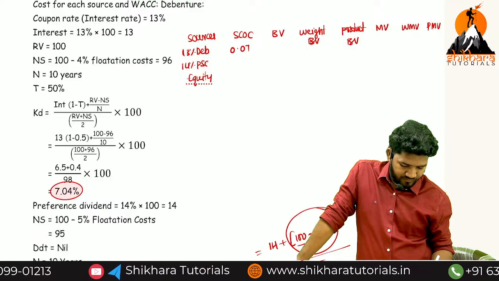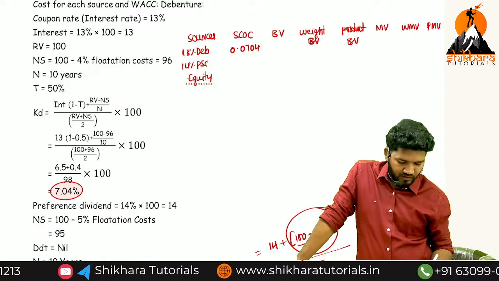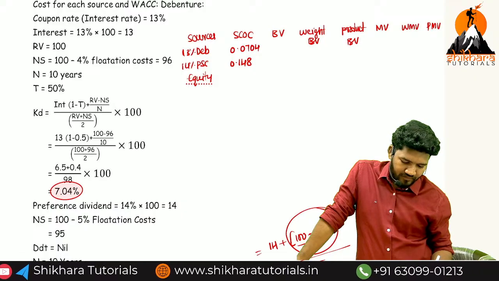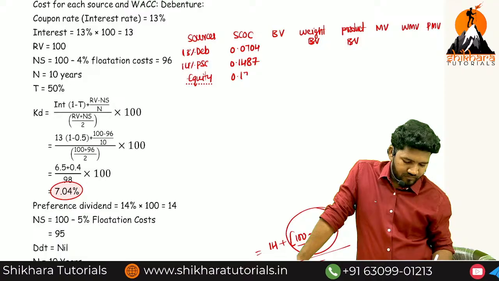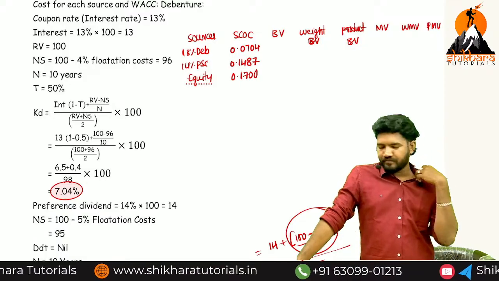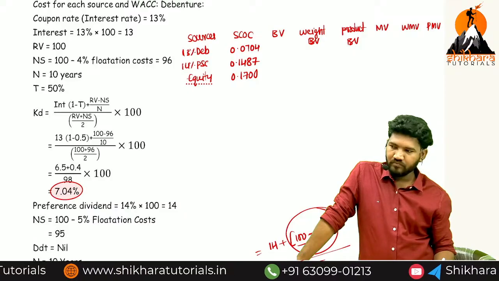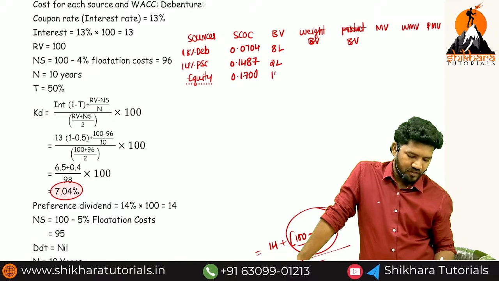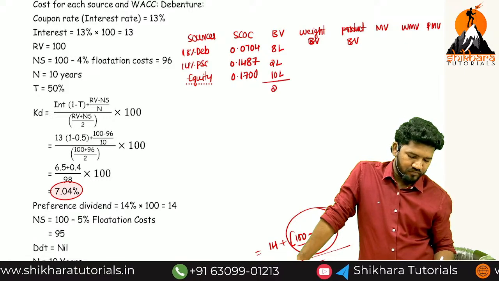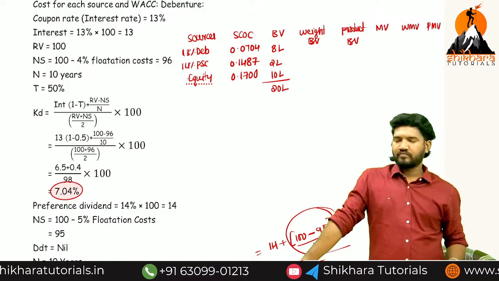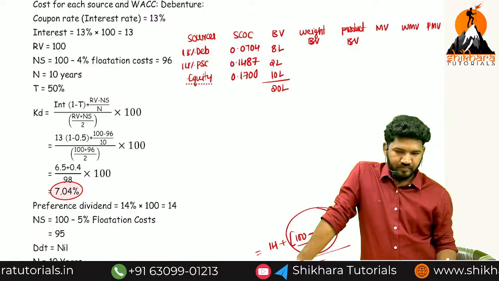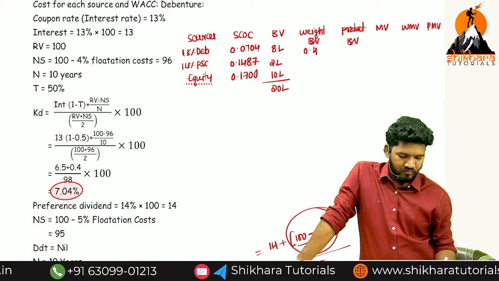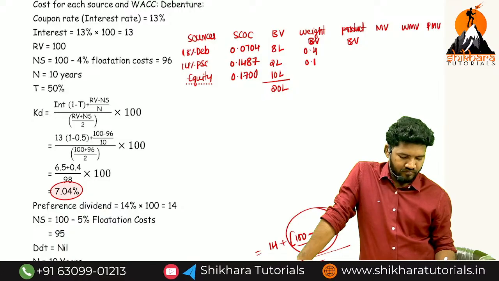0.07, KP, 87, equity. Book values please. 8 lakhs, 2 lakhs, total. Weights please. 0.4, 0.1, 0.5.